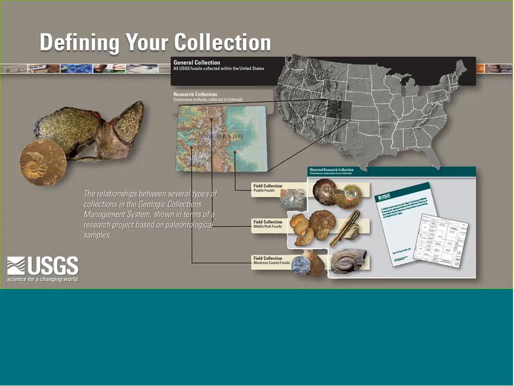And that leads to resource collections, which are collections that were active at one point, but now they act as a resource for looking back at legacy data and old data and figuring out what that relationship is. And then legacy collections, which are materials that were collected by USGS scientists that are no longer active and that still have a use for future research, but that use is not imminent or immediate.